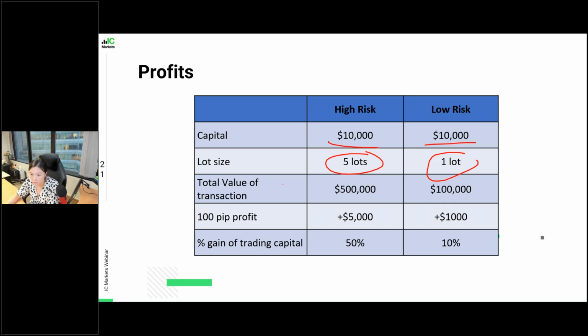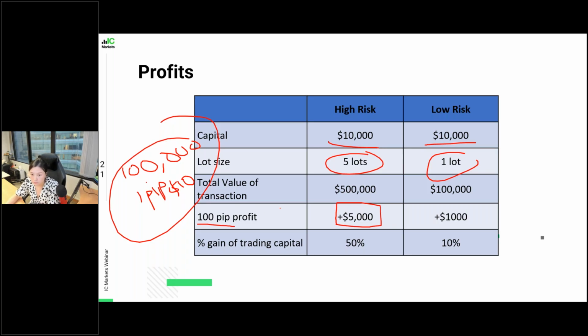Your capital is the same, but if you make a 100 pip profit on 5 lots, you will make $5,000. Because on a standard lot, which is 100,000, 1 pip gives you $10. This is the standard.